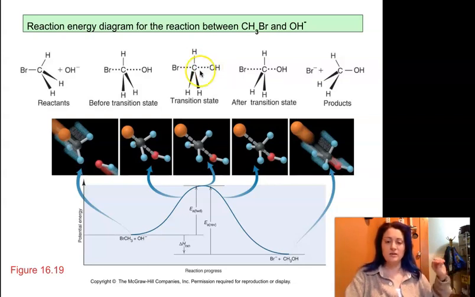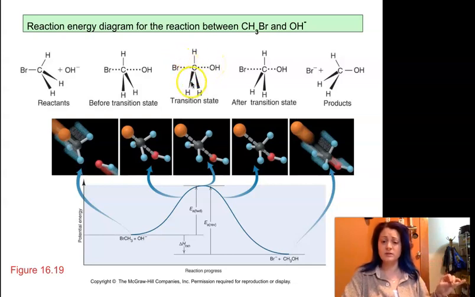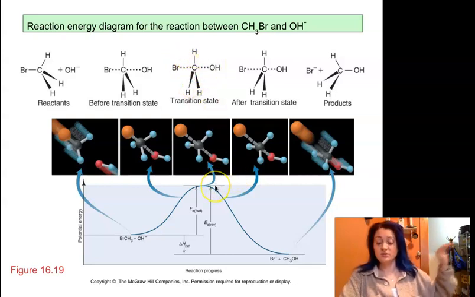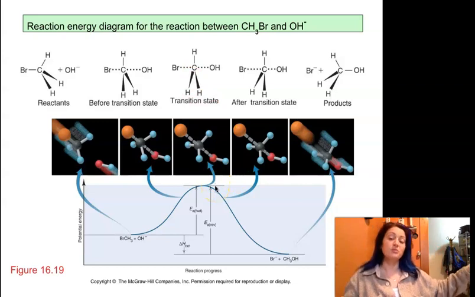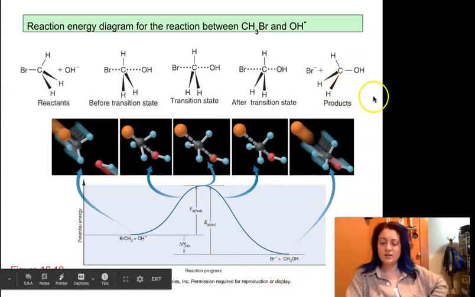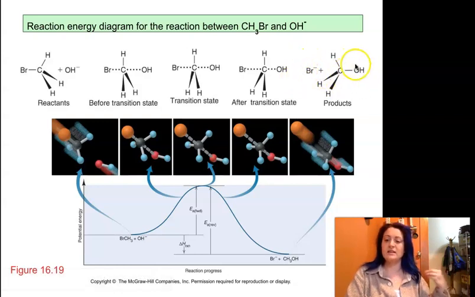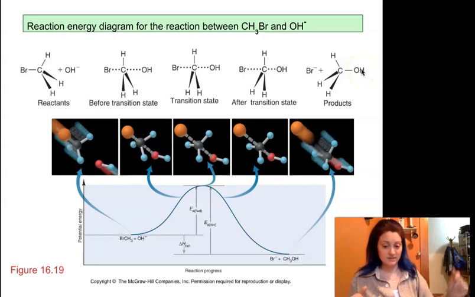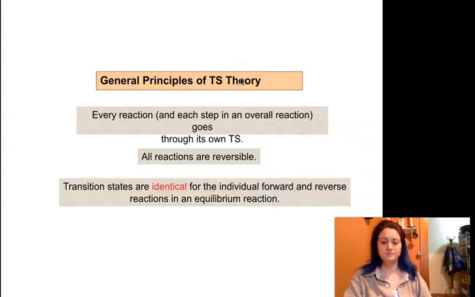So again, the bromine-carbon bond is breaking, the oxygen-carbon bond is forming. After the transition state, once you start going down that energy profile, your bromine is starting to leave the molecule. And finally, at the end, when you're left with just the products, the bromine has left completely and the hydroxyl group is in its complete bond. Now again, all of this happens instantaneously, but there is a physical exchange of electrons and they are literally relocating, so things are changing in space.